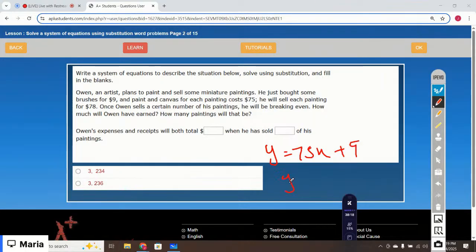And the other equation is y equals 78x. Let's replace y with the value: 78x minus 75x equals 9, so 3x equals 9, and x equals 3.